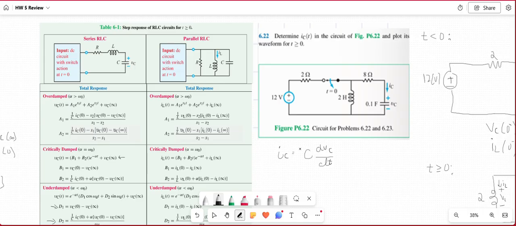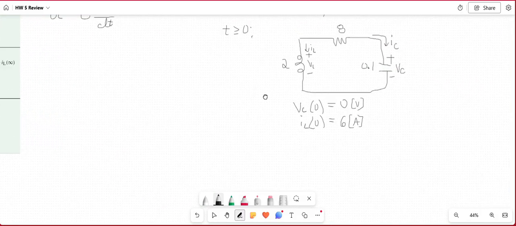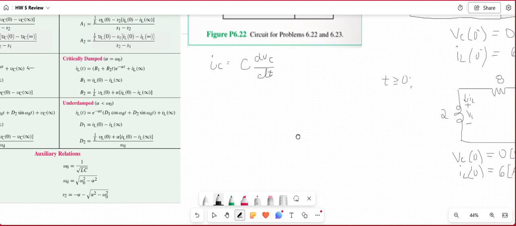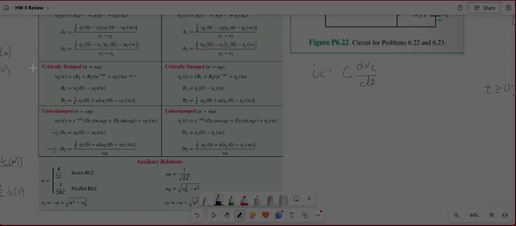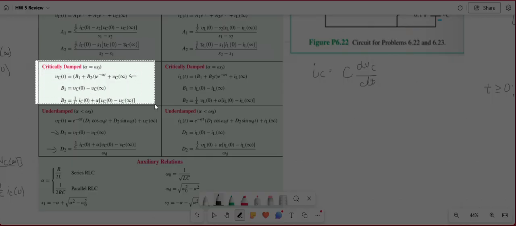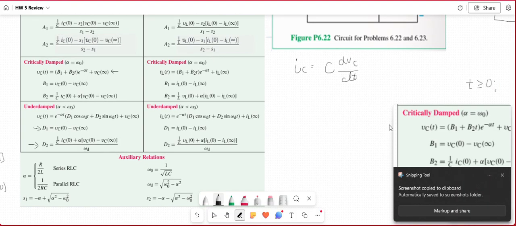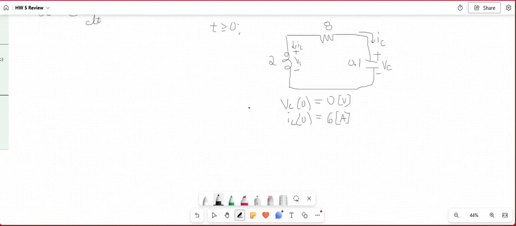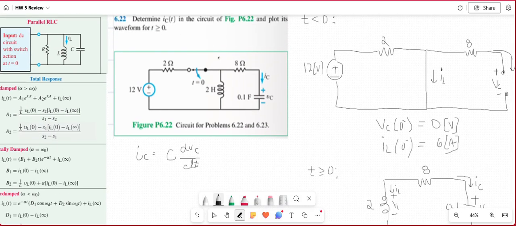We have to find that out, but we're going to be using one of the VC of t equations.